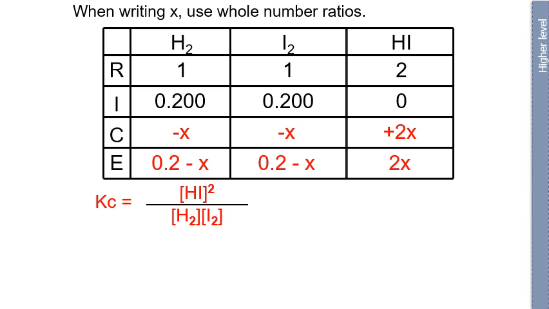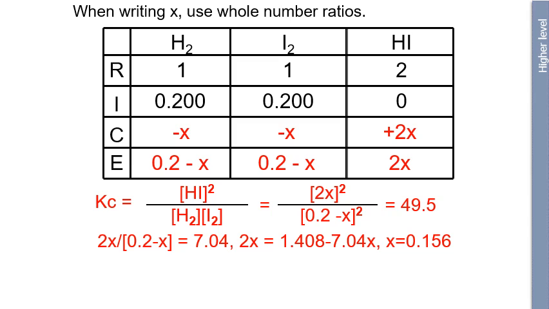Okay, so that's the equilibrium constant equation. Plug in the variables as x, and then solve for x, because we know that the overall equilibrium constant is 49.5. So using a bit of algebra there, you can see that x equals 0.156.